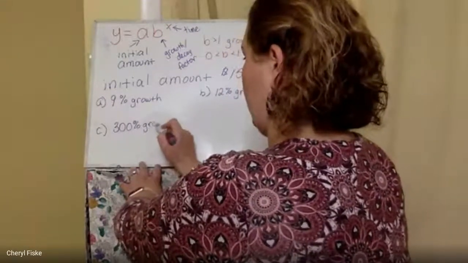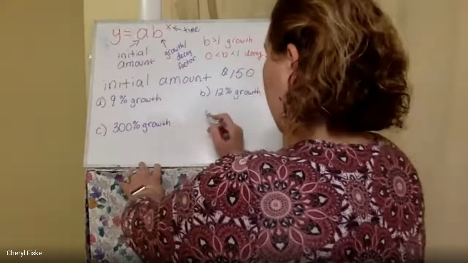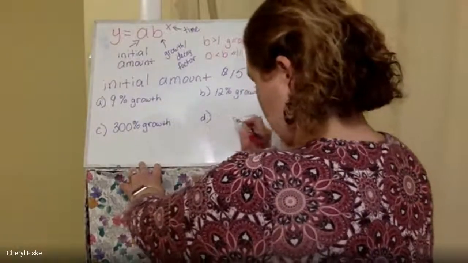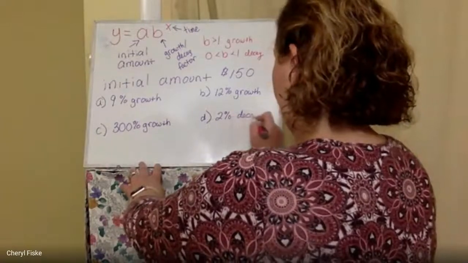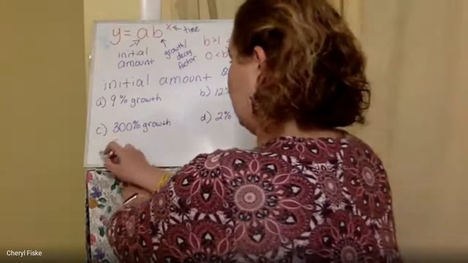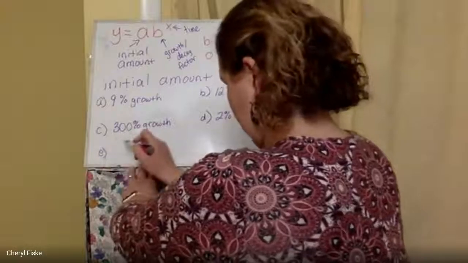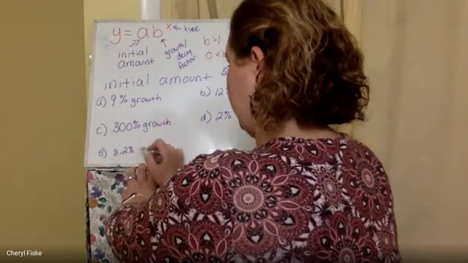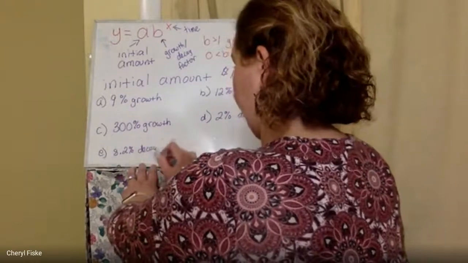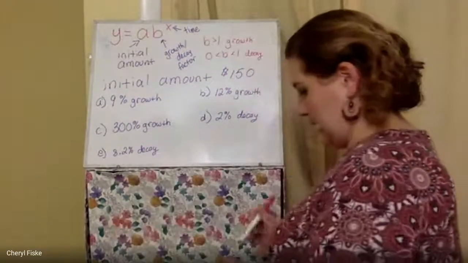I want to work for that company. D is 2% decay. And E is 8.2% decay. Okay, so now let's think.